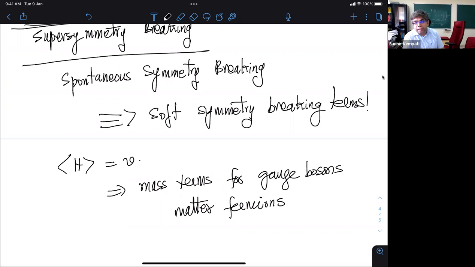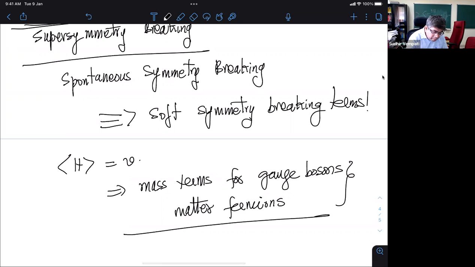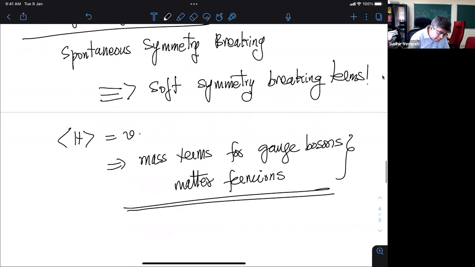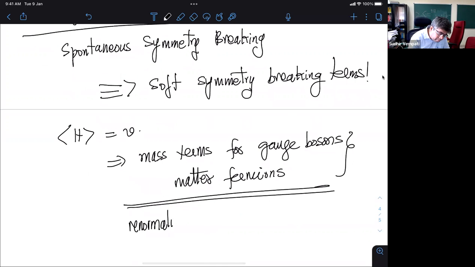Is there anything else it gives you? All the terms it gives you are essentially mass terms. They're all soft. In the limit where v is equal to 0, you have exact symmetry again. And of course, it has the additional feature that it leads to renormalizability. So spontaneous symmetry breaking has all these features.